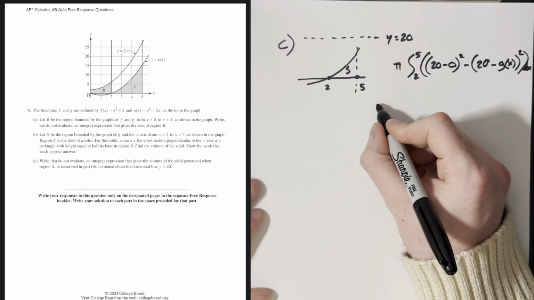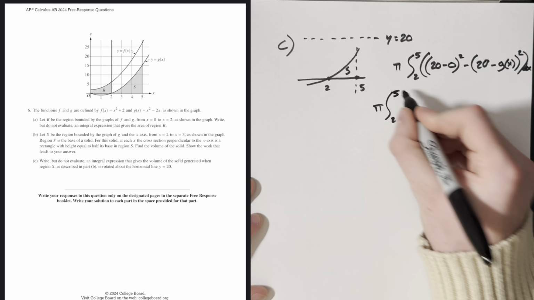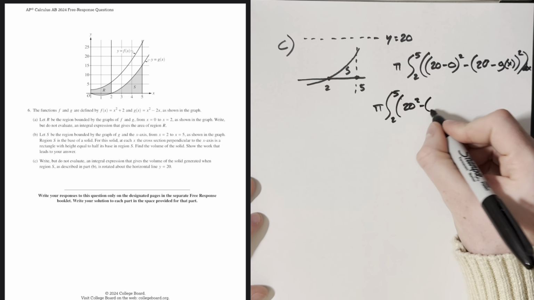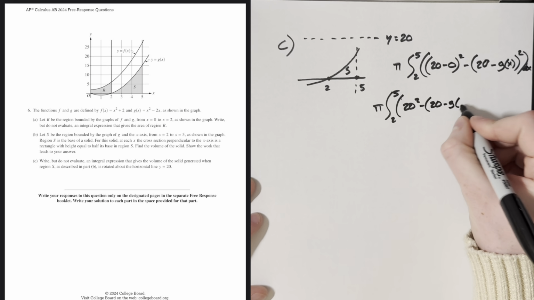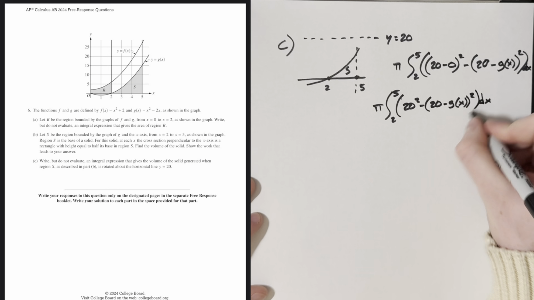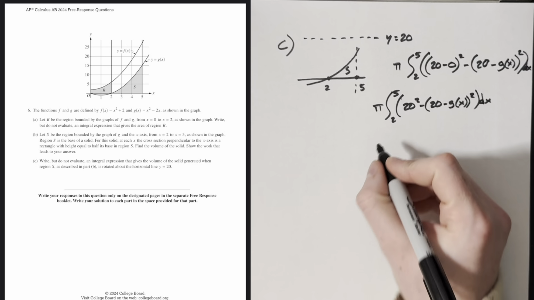But I could rewrite this integral a little bit easier. Pi times the integral from 2 to 5 of 20 squared minus 20 minus g of x squared dx. And that will be an integral that represents the volume of this revolved figure. Now, we could also put this in terms of x rather than writing g of x.